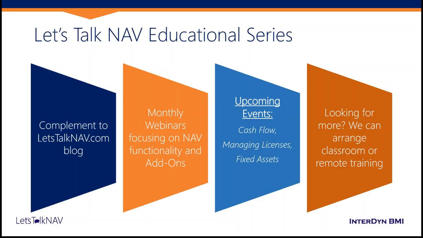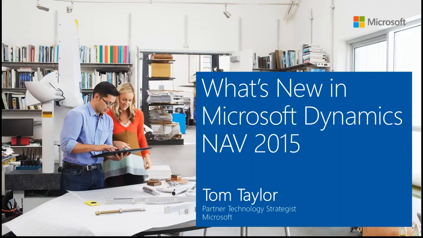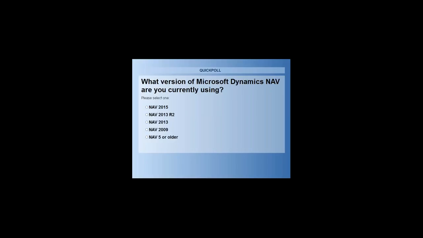The first one should be showing up at everybody's screen right now. We'd just like to get a sense for what version of Microsoft Dynamics NAV you're currently using. So we'll leave this up for about 30 seconds. If you could please take a second to vote. Ten more seconds.